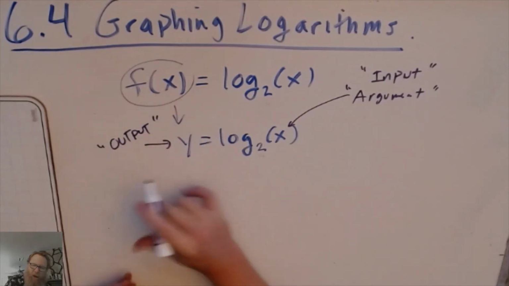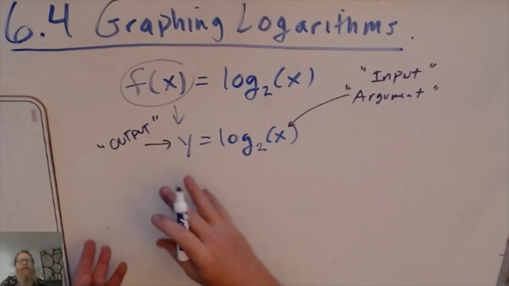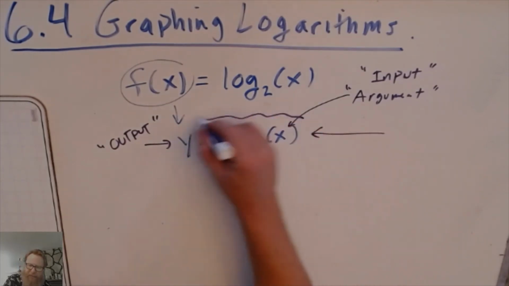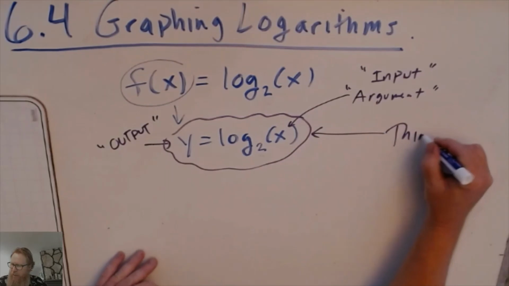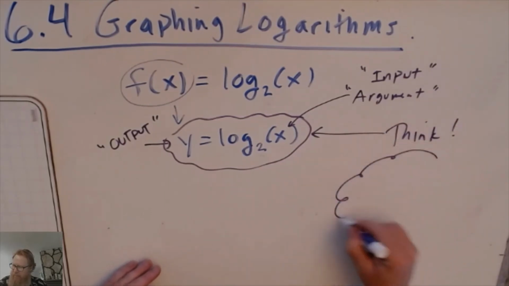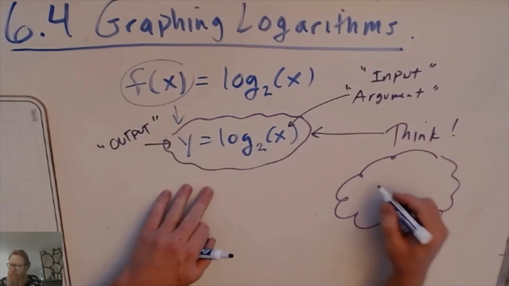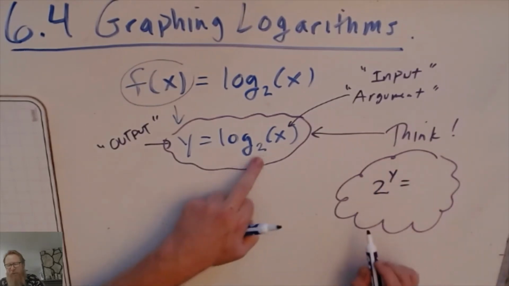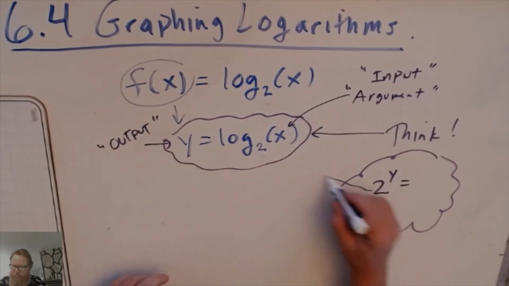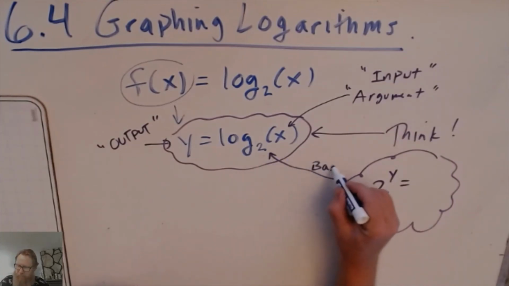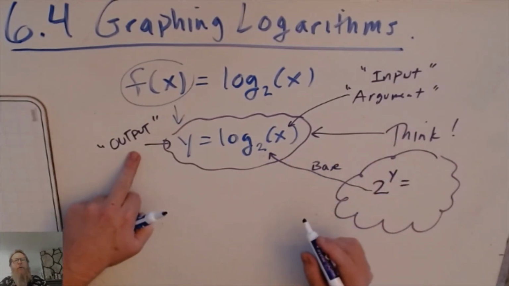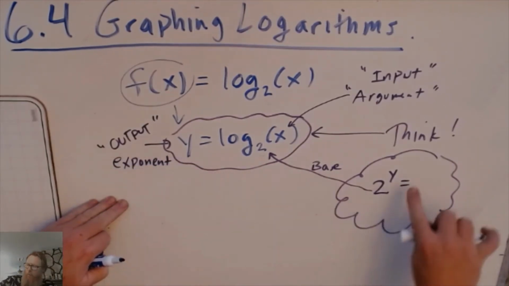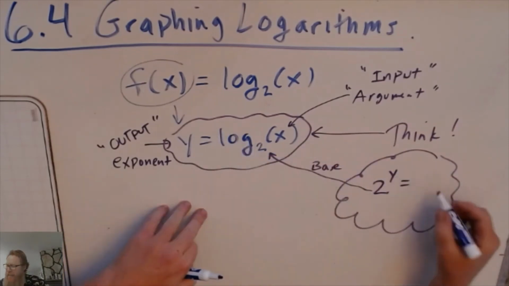is the value y, which is technically the exponent, because what this actually means when you read this, this is what you want to think as you're doing the problems. What power of 2, because the base is 2, the output is going to be the exponent, y, and that's going to equal x.